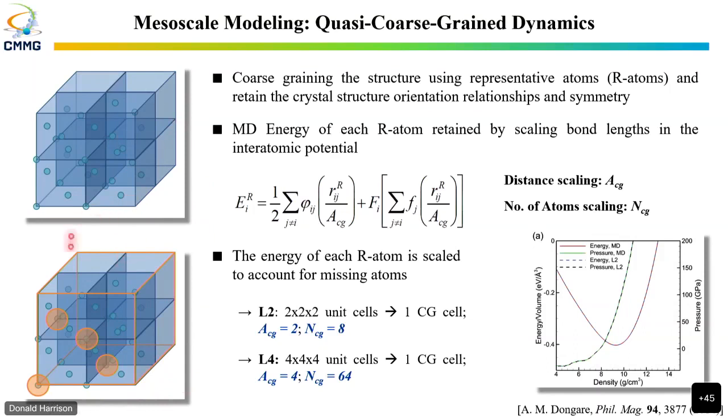Level 2 is this scaling, where I represent a volume of 2 by 2 by 2 unit cells by 1 coarse unit cell. Level 4 would be 4 by 4 by 4. So each representative atom is now mimicking the dynamics of several atoms. Level 2, you have 8 atoms. Level 4, it is 64, and you can go all the way to level 512, level 1000, anywhere that you want, depending on the phenomena you would like to model.